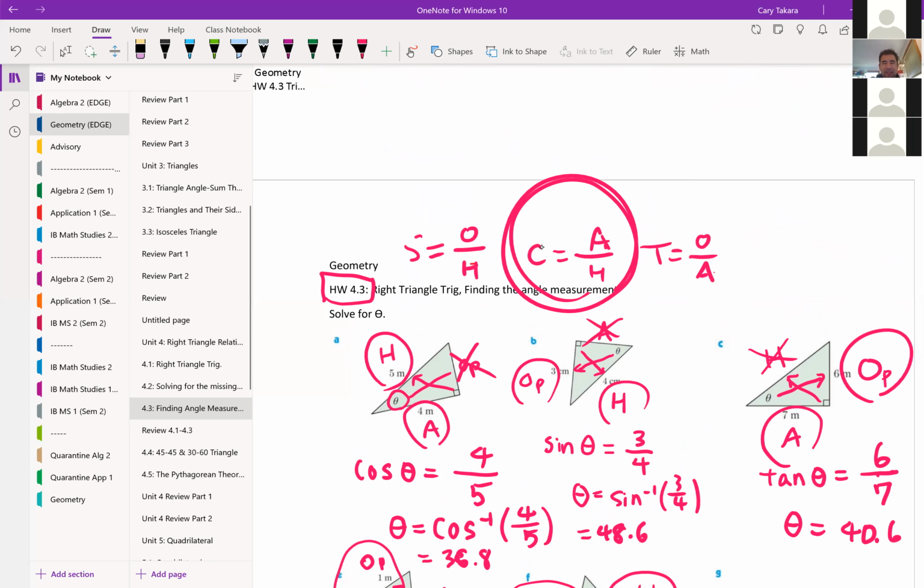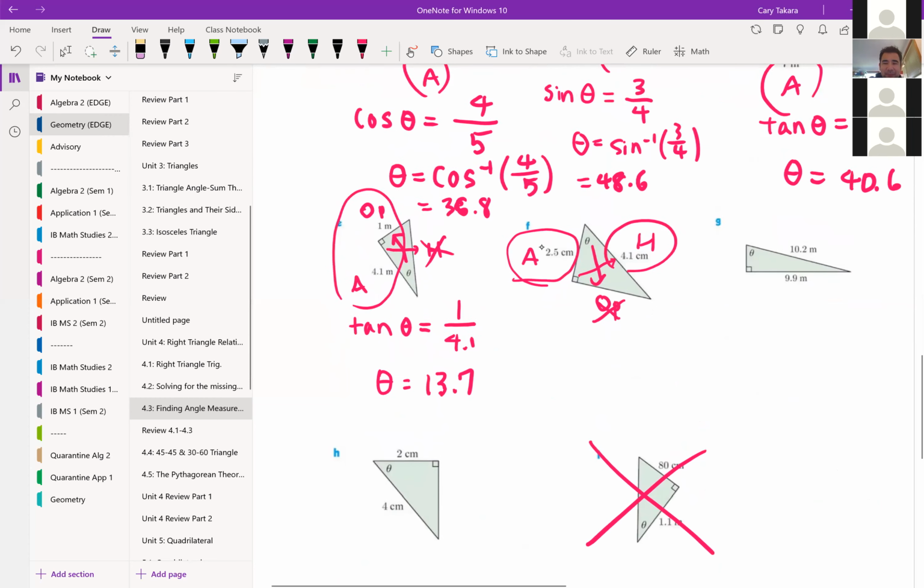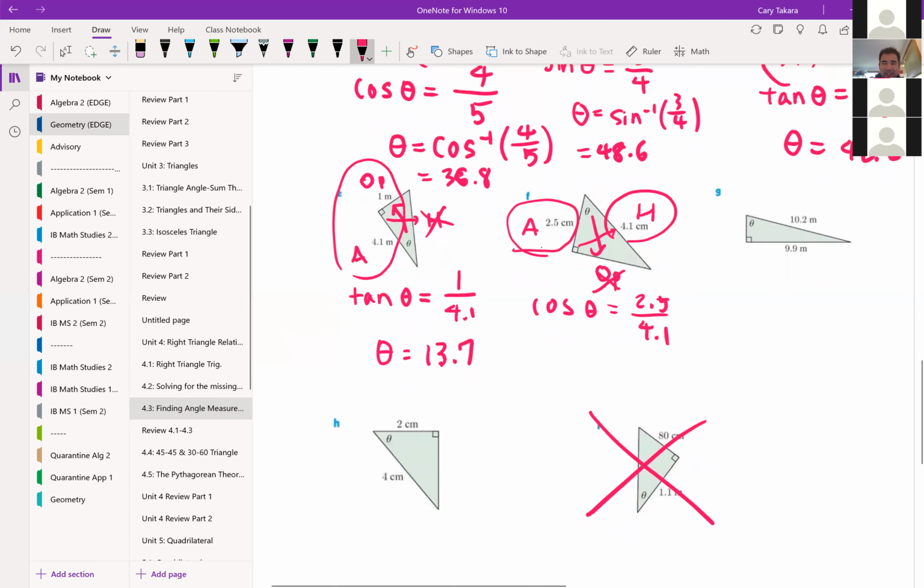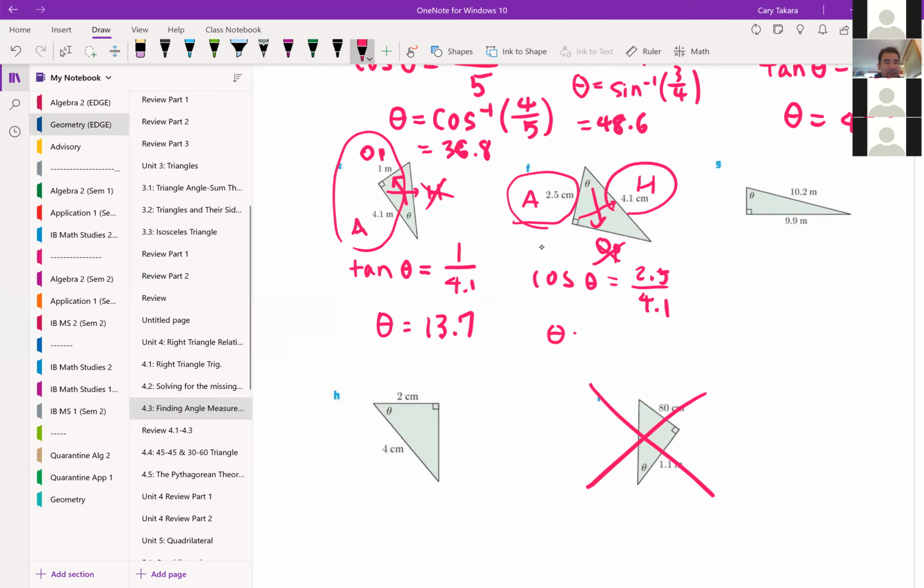Okay. So this is cosine of theta equals 2.5 over 4.1. Let's take a look. And the answer is inverse cosine of 2.5 over 4.1.